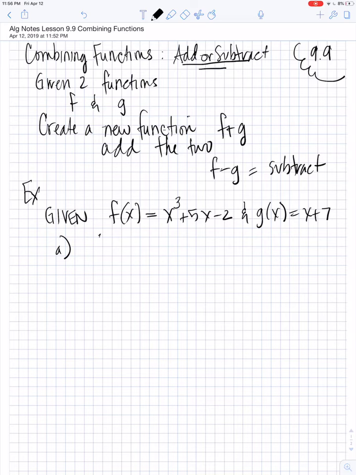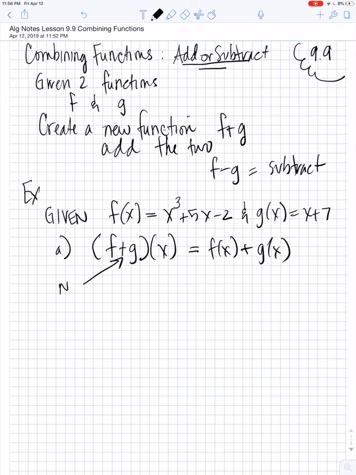I could find f plus g of x. Well, what is that going to be? Well, that's going to be f of x plus g of x. So this is my new function that I'm going to create. Well, all we have to do is do some substitution. f of x is x cubed plus 5x minus 2 plus x plus 7.